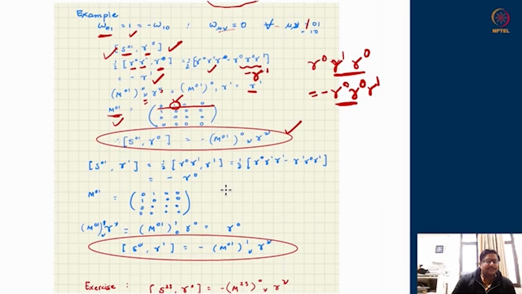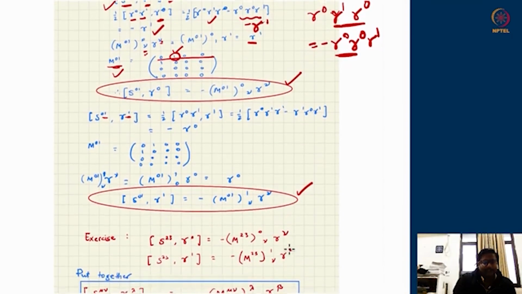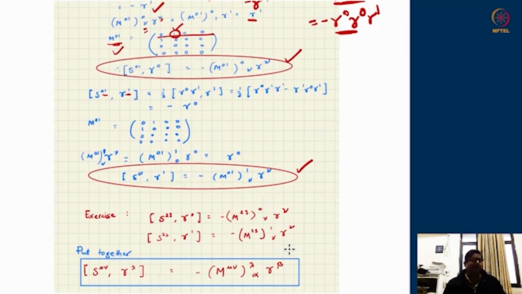If you do another example, you can take S01 with gamma 1. You will again find that it is indeed true that S01 gamma 1 is negative of minus M01 1 nu, with summation over gamma nu. And actually you can keep doing these exercises for different values of alpha, beta, and mu.